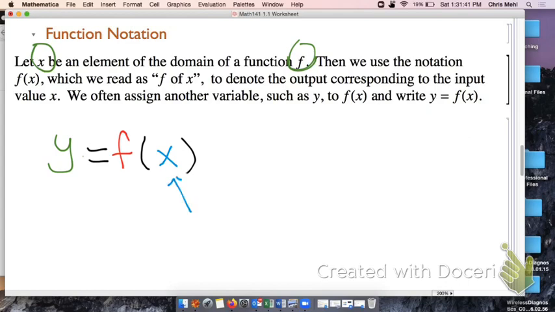So inside these parentheses, you're going to write down x. That represents the input. I'll explain this notation a little better in a second. But outside the parentheses, f is just the name of the function.